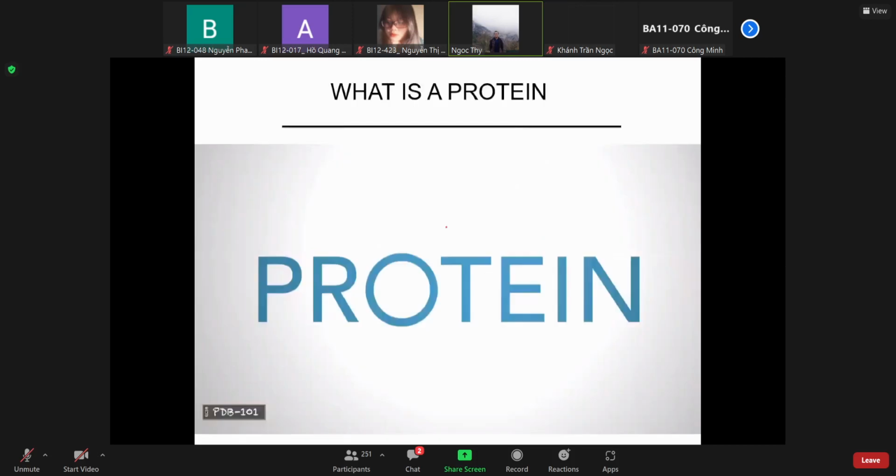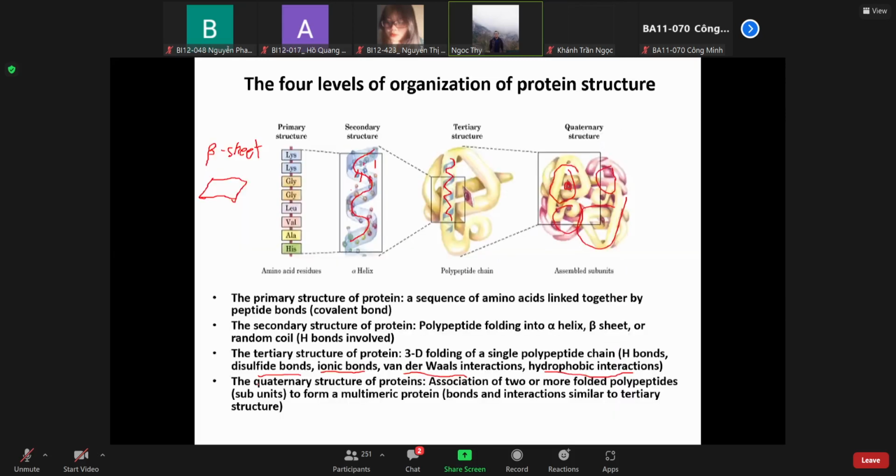So let's watch a small demonstration about the different structures of protein, and how protein maintains its function due to its structure.